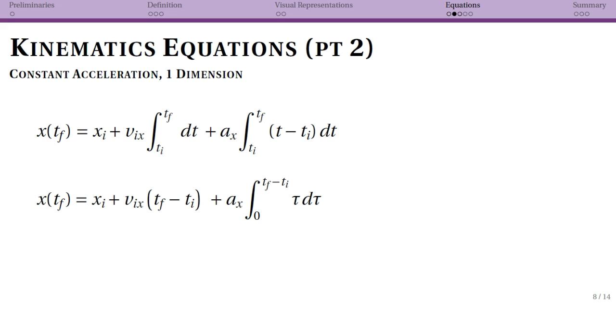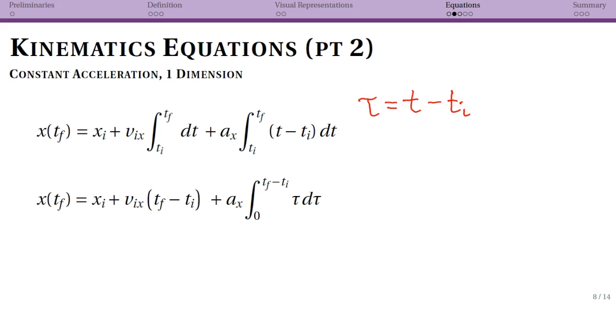What I've done here, you can see the answer on the next line, is the transformation that tau, the Greek letter corresponding to t, which looks like a little t, is equal to t minus t initial.